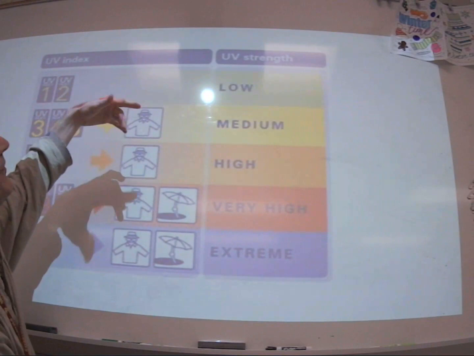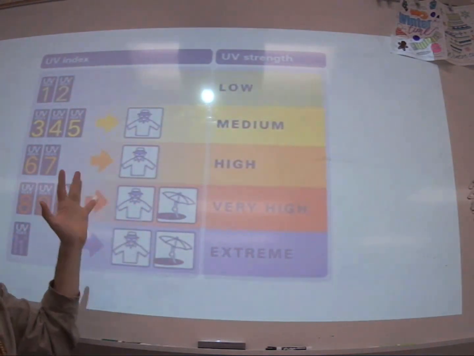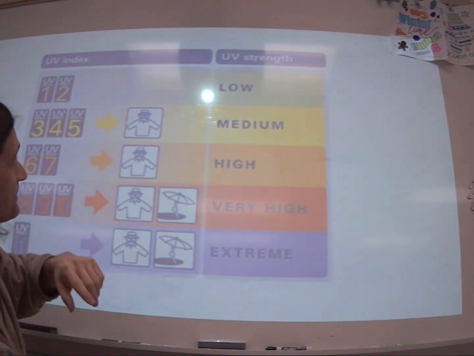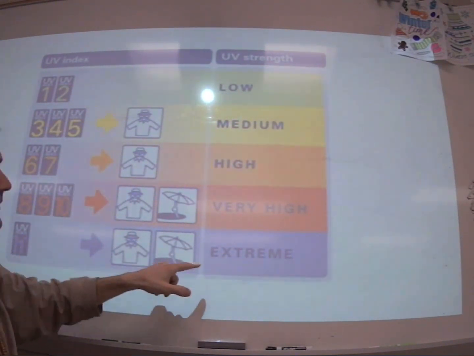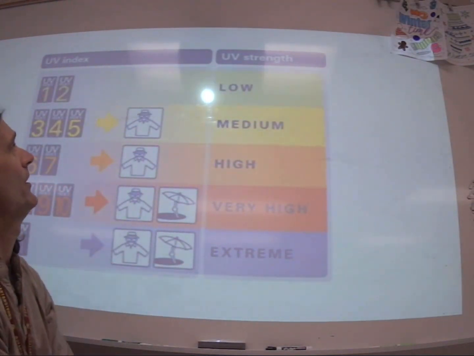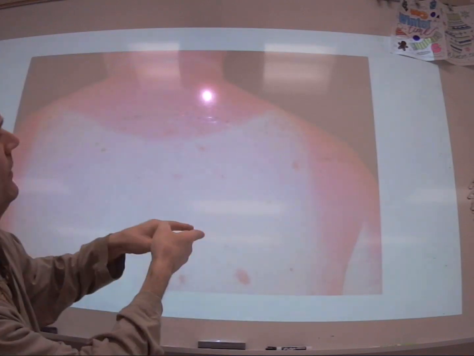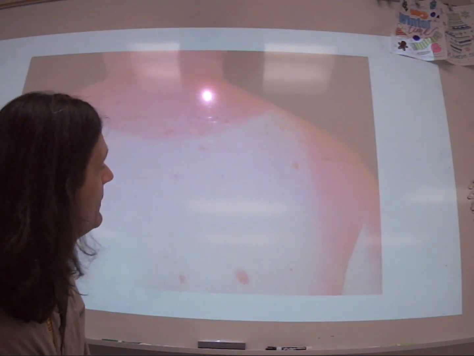You've probably heard of UV indices that tell you on any given day how scared you should be of sunshine. Low isn't that big of a deal, and tens and 11s are a much more extreme day to say, hey, stay out of the sun, because physics happens. Sunburns can happen.